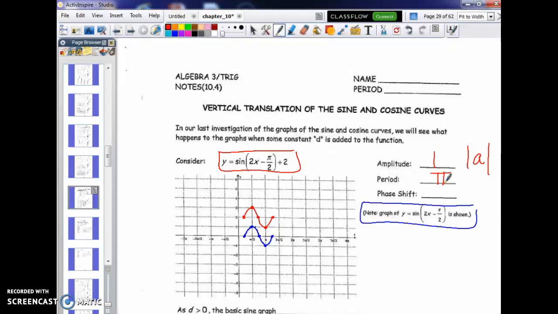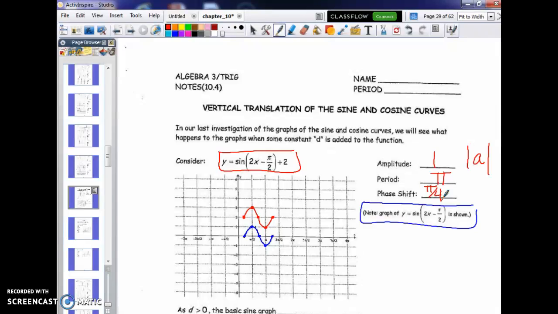Now, if you recall phase shift from the last section, it was how far the graph was shifted left or right from our x value of 0. Our graph starts at pi over 4, so the phase shift is a positive pi over 4.